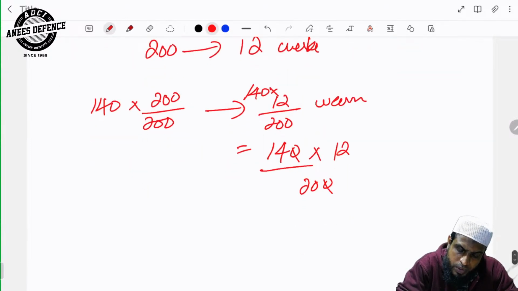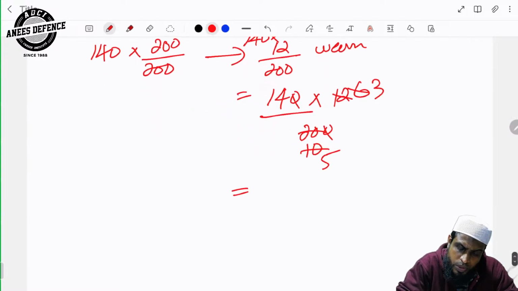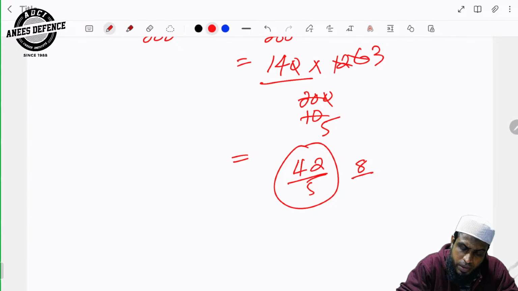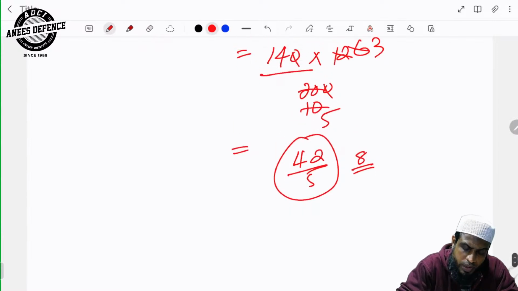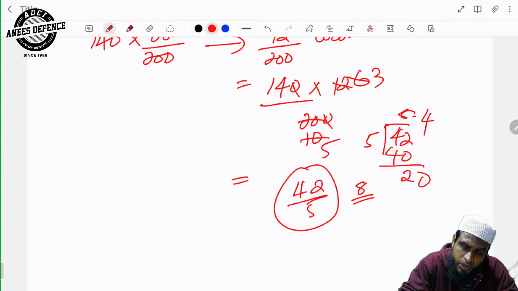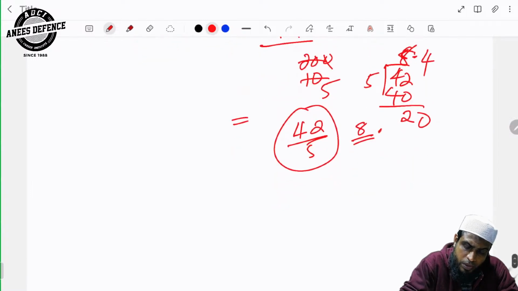So 14 into 2 by 5, so near about 8.4. So this will be 8.4.